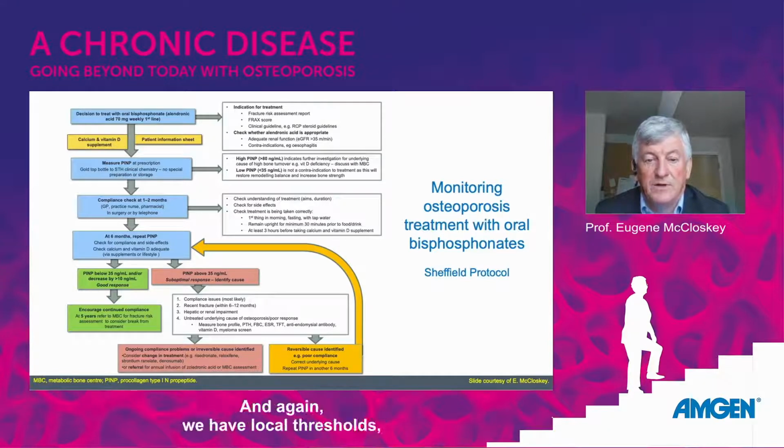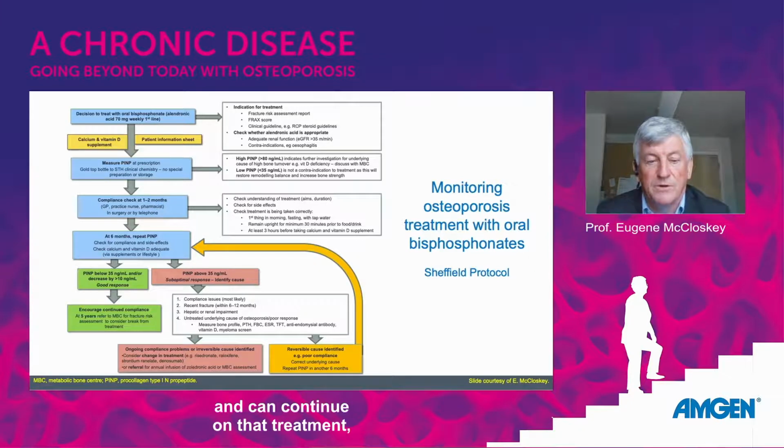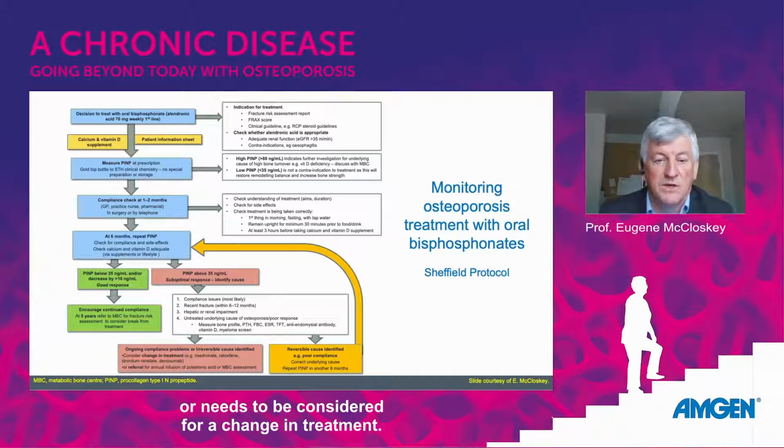And again, we have local thresholds, and the thresholds are shown on the slide here, that allow us to make decisions about whether the patient is responding well and can continue on that treatment, or needs further advice about compliance and how to take the medication, or needs to be considered for a change in treatment.